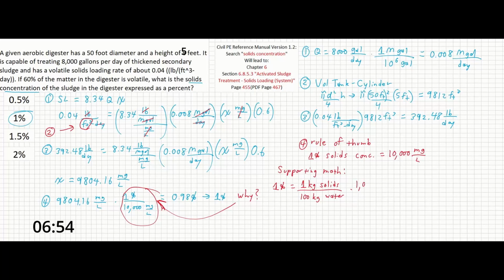A unit conversion here, we could say there are 1 million milligrams of solids in 1 kilogram of solids. Next, we would have to know that 1 kilogram of water is the weight of 1 liter of water.